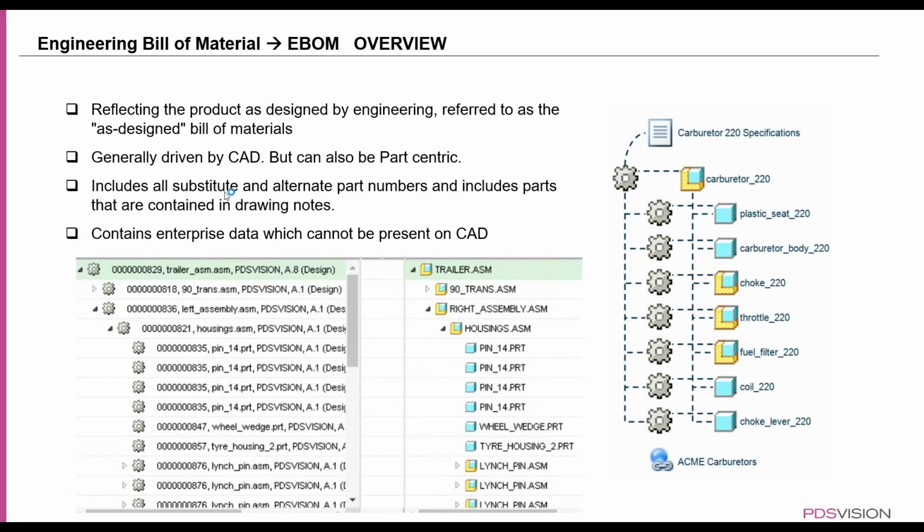And then also things like the substitute and alternative parts can also be linked to this. So I can pick the component and say, okay, in a case where we don't have this particular component to assemble this product, we could use this as a substitute for it. That sort of configuration can be maintained in that BOM structure.